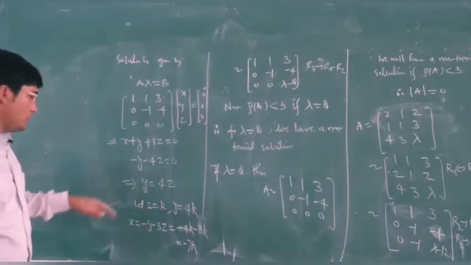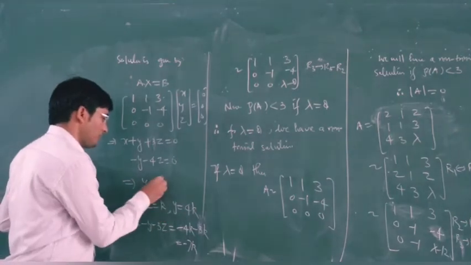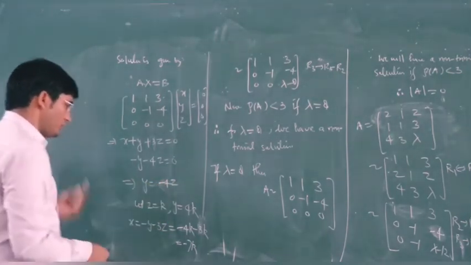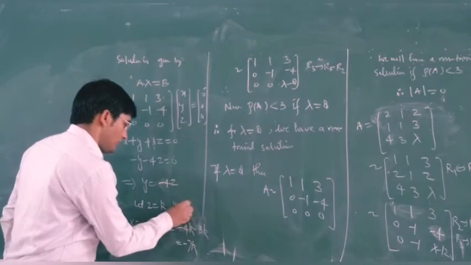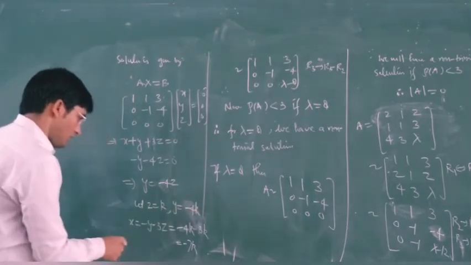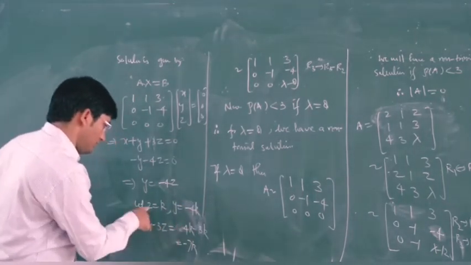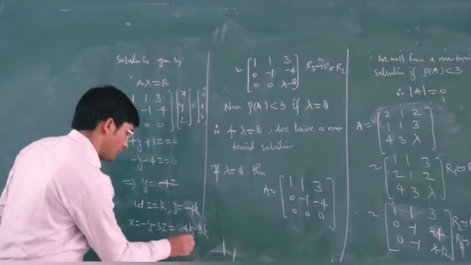Here we have a mistake: y will be -4z. So if z is k, then y will be -4k. So x is -y - 3z, which is 4k - 3k, so this is k.